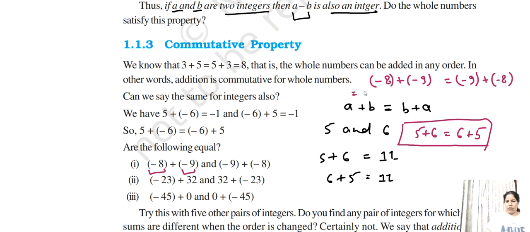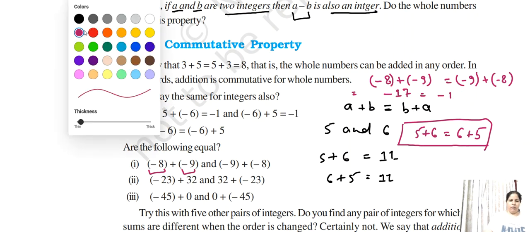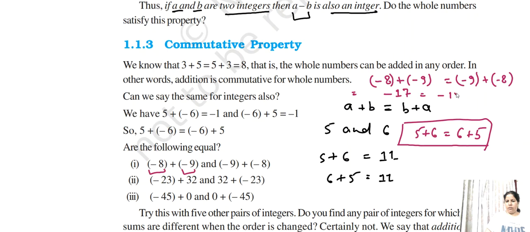So we will check minus 8 and minus 9. This will be equal to minus 17, equal to again minus 17. Okay.